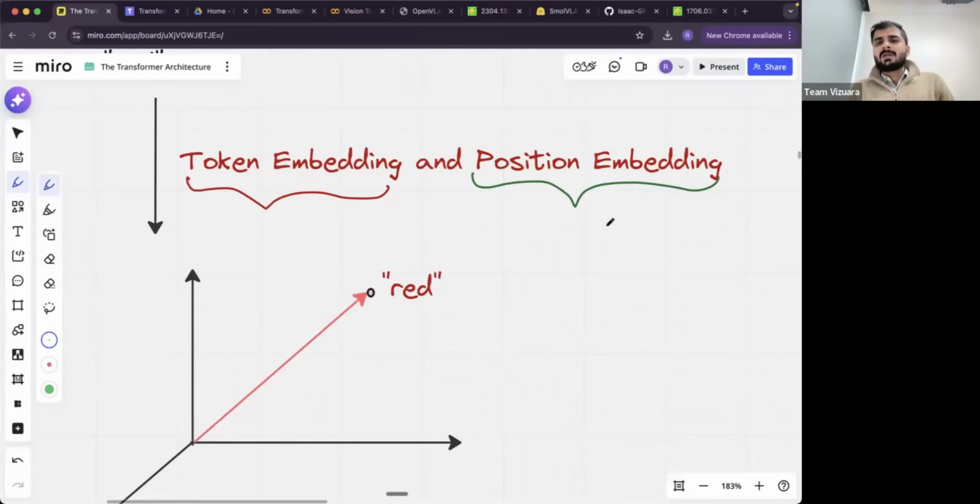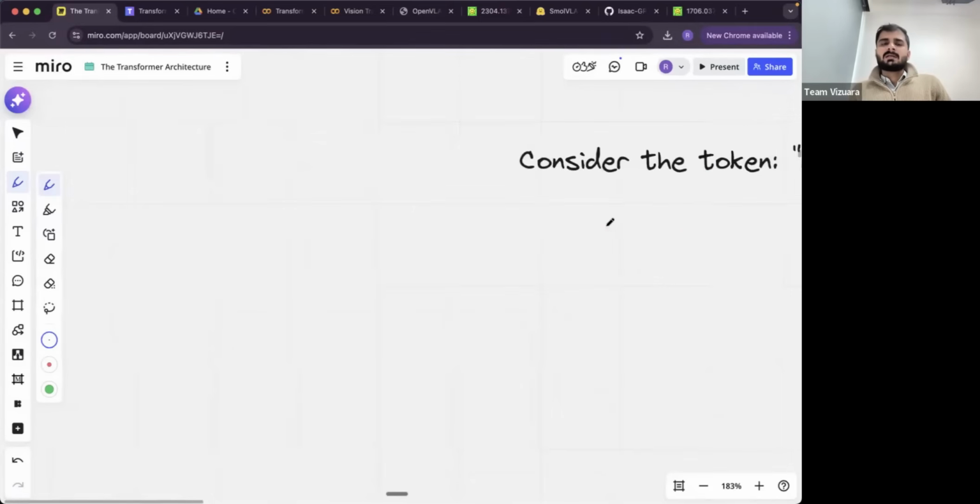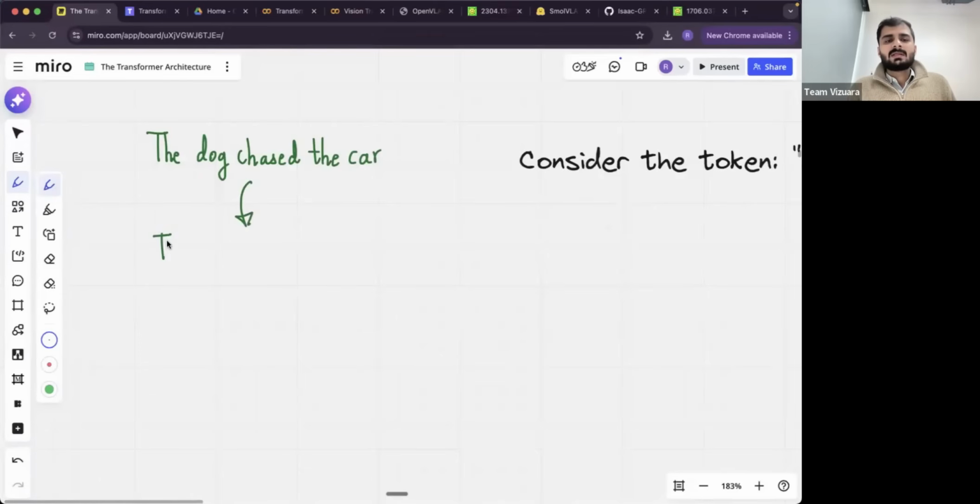Now, why is the position embedding required? Let's consider this sentence. If you take this example, the dog chased the car. And then let's say I change this sentence, where I say the car chased the dog.